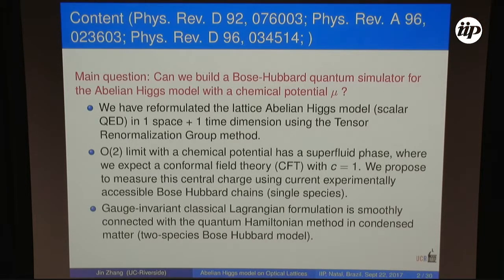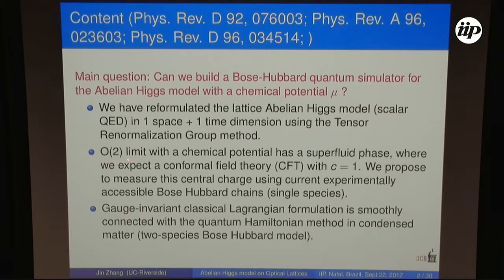So the main question is, can we build a Bose-Hubbard quantum simulator for the Abelian Higgs model with a chemical potential? We will first introduce the reformulation of the lattice Abelian Higgs model, which is scalar QED in 1+1D, using the tensor renormalization group method.